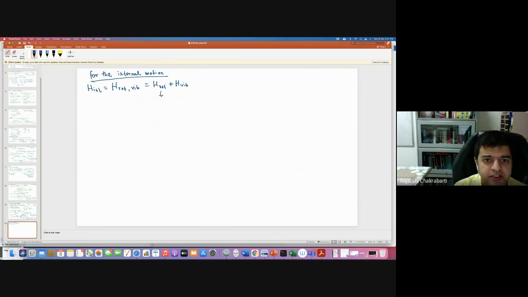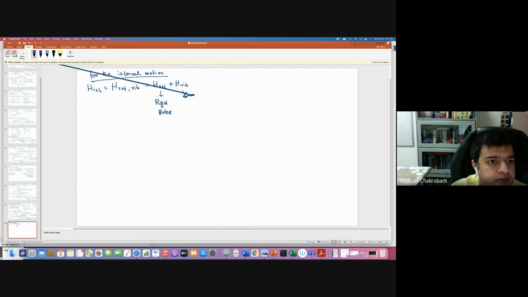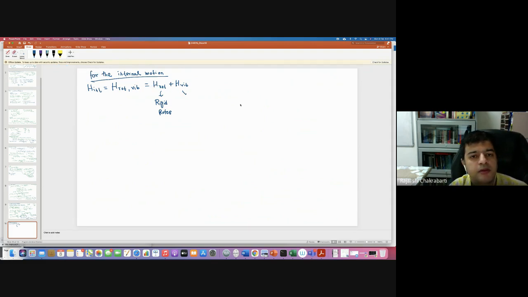And this is like a rigid rotor Hamiltonian, a rotor where the bond length does not change, and this is like a simple harmonic oscillator.